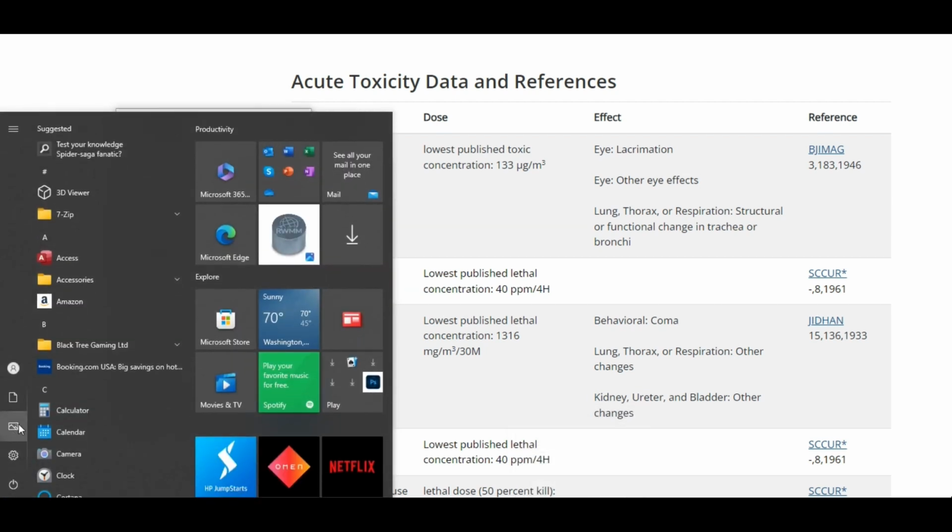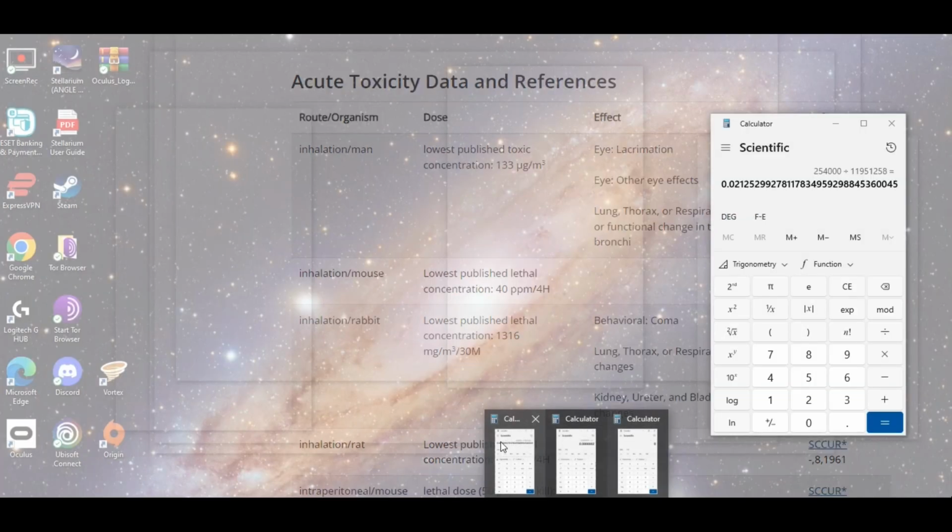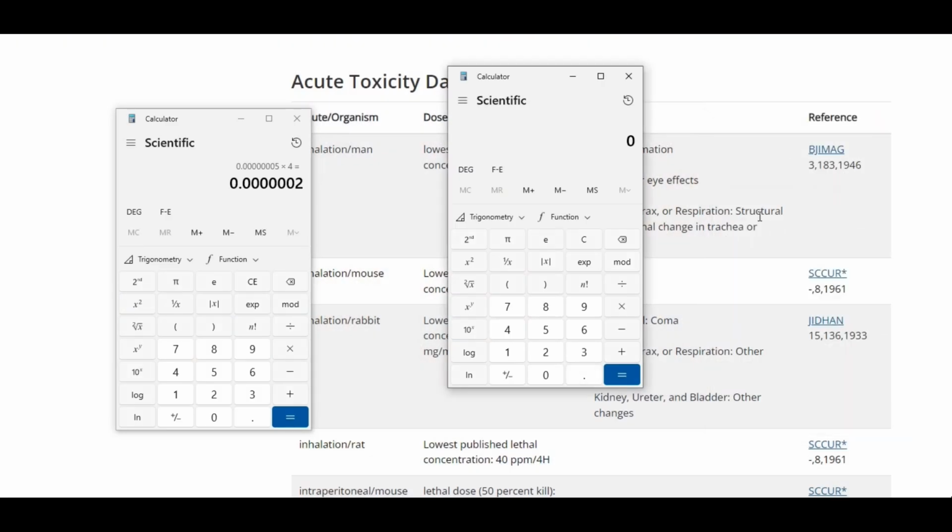Take out another calculator. So 400 divided by 0. How many is that? 1, 2, 3, 4, 5, 6, 7.